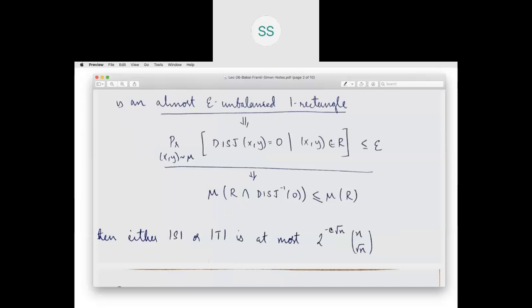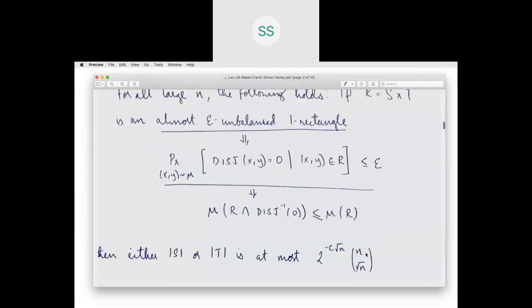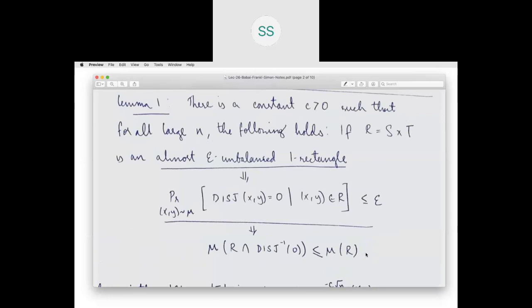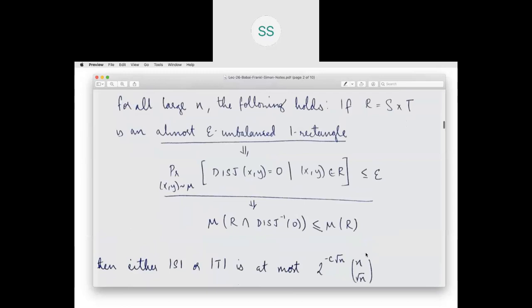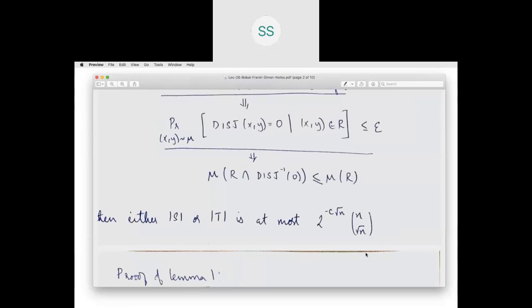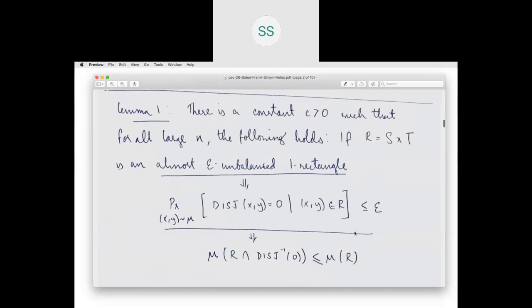So the intuition is that if it's an almost epsilon unbalanced one rectangle, then either the number of rows is a 2 power minus c square root n fraction of the total number of rows, or a 2 power minus c square root n fraction of the total number of columns. This is the key thing here, and this is what is going to be proved in Lemma 1.